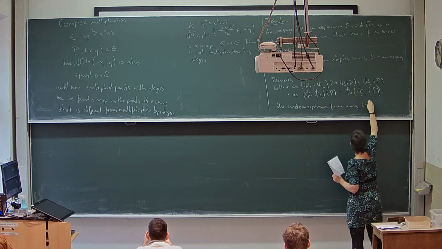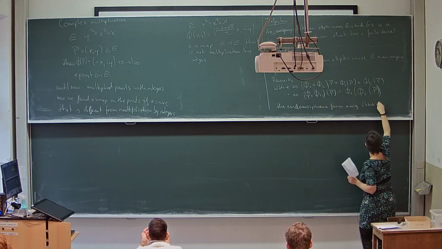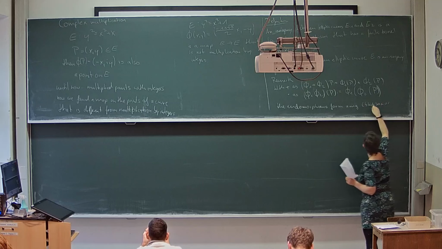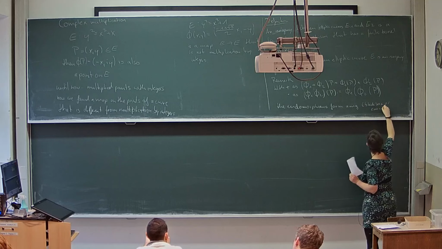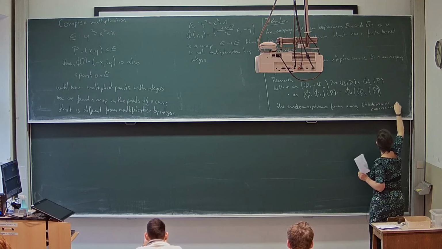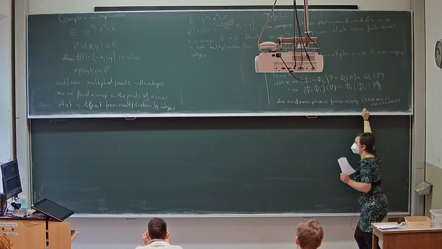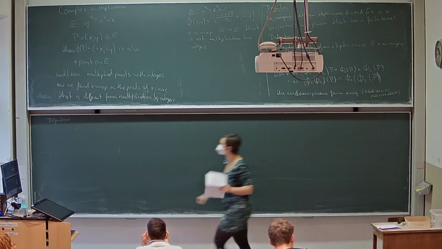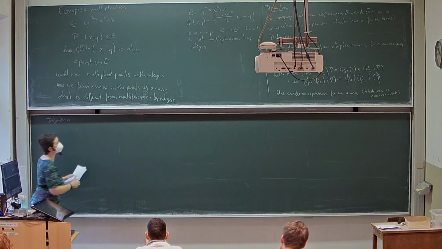Maybe either we just take this as a black box, or maybe I will put this on the exercise sheet, but this probably needs too much background. Let me think about that.